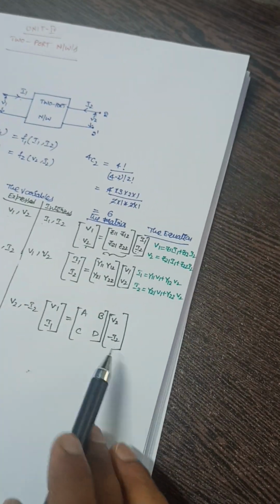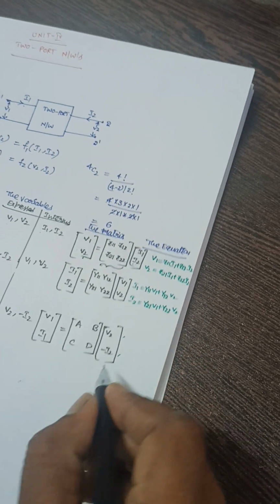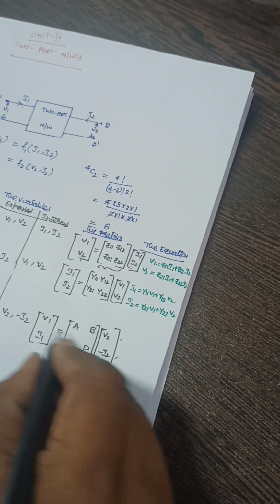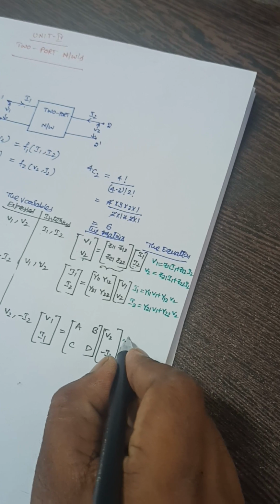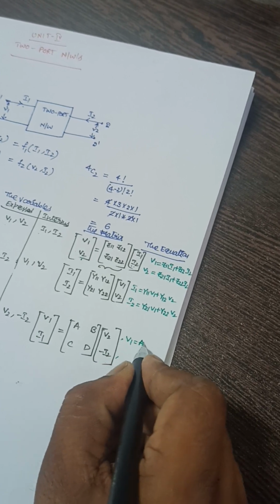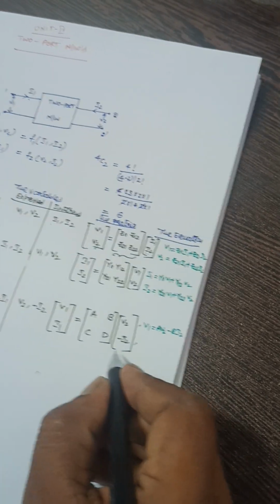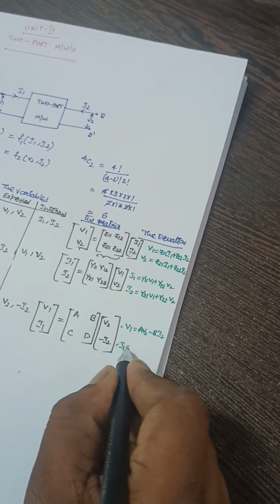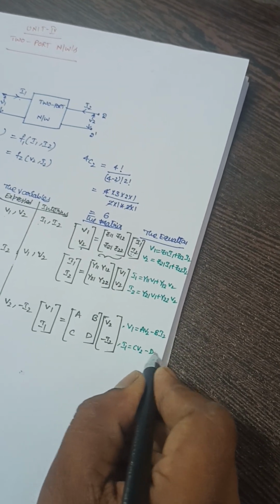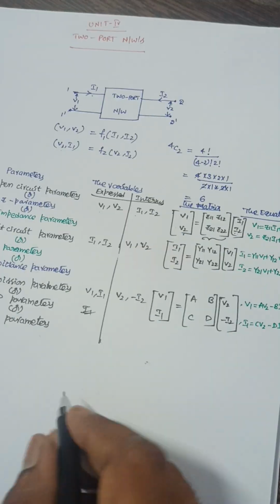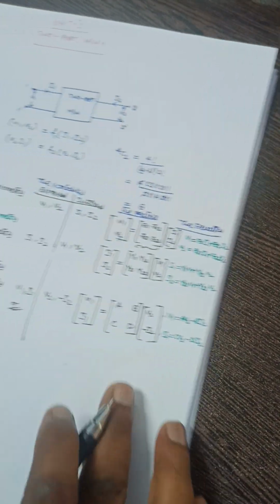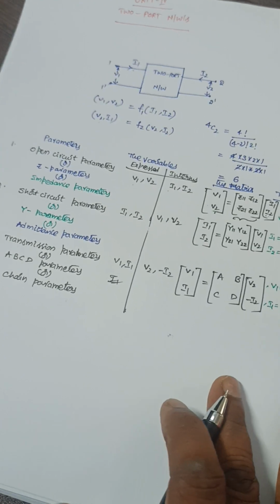Written in equation notation, V1 is equal to AV2 minus BI2, and I1 is equal to CV2 minus DI2.